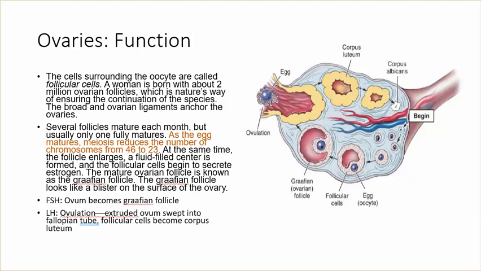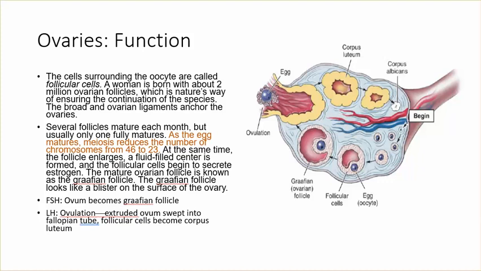Now, the follicle is getting really, really big, and the granulosa cells are not only secreting estrogen, but they're secreting liquids. And a liquid-filled space starts to fill in the follicle. Again, this indicates there's a secondary follicle.